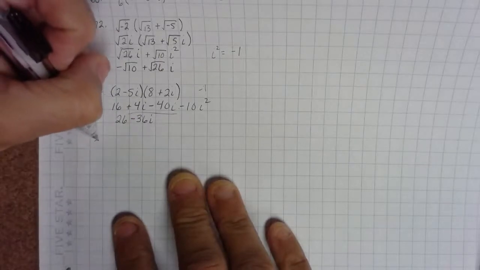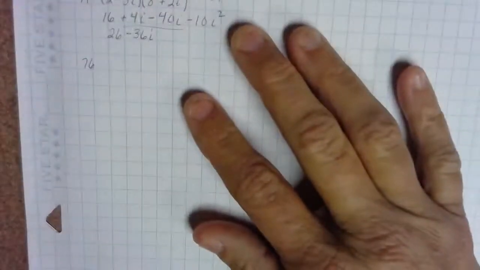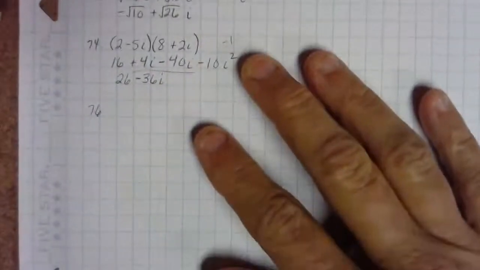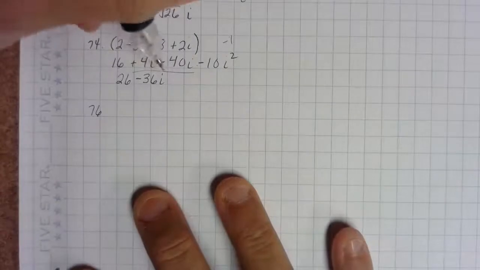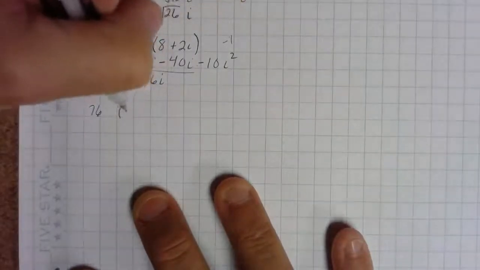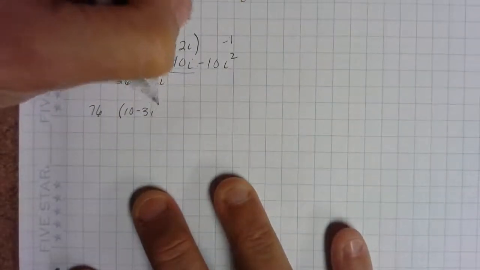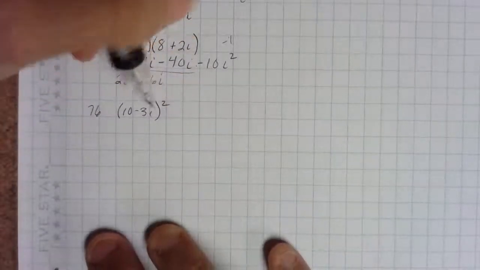Okay, let's try 76. Let me see if I can get a little closer here. Maybe that's better. 10 minus 3i quantity squared. Just follow your rule.